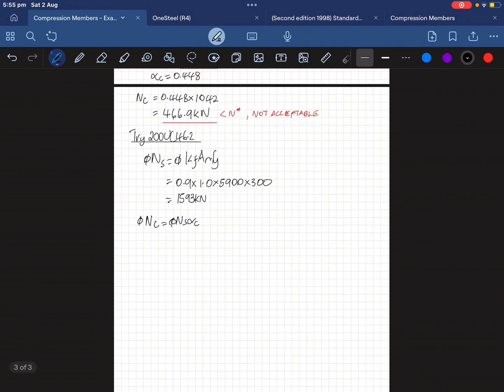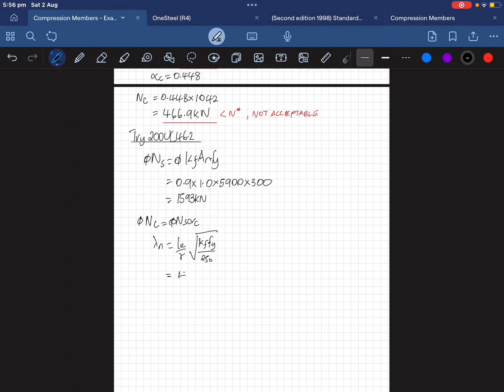So alpha c, like we said, is dependent on the modified slenderness ratio lambda n and the section constant alpha b. Lambda n equals Le on r multiplied by the square root of kf Fy divided by 250.